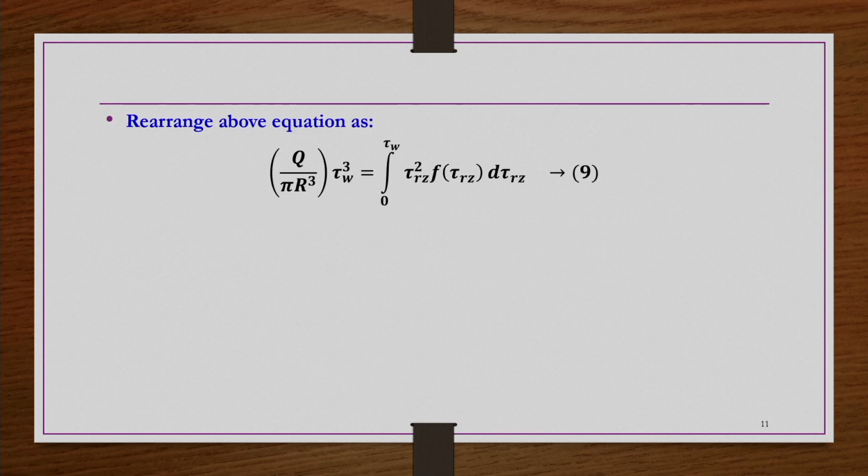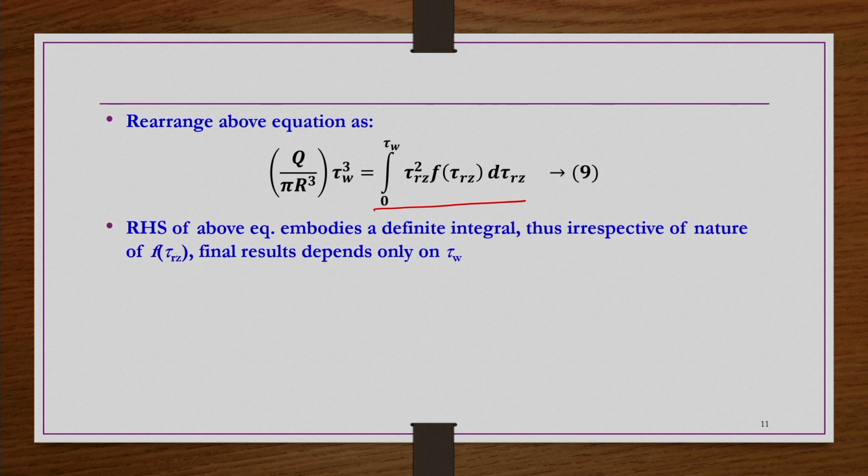This is the rearrangement that we have done. After the integration, if you know the f of tau Rz function and substitute the limits, you will get the value in terms of tau W only, irrespective of the fluid. The right hand side of the above equation embodies a definite integral, thus irrespective of the nature of f of tau Rz.